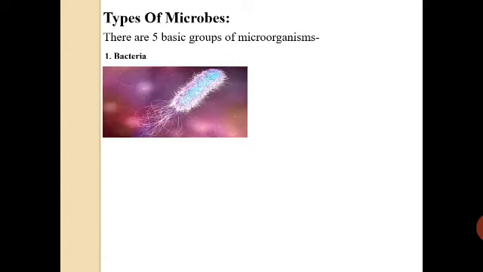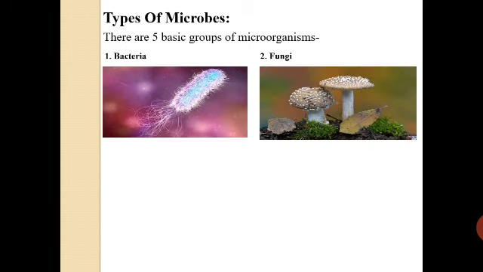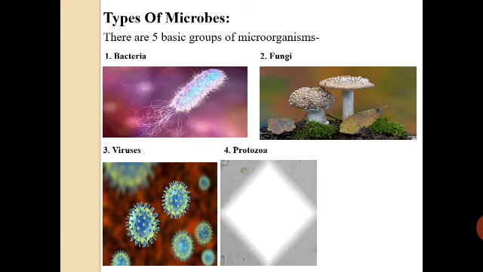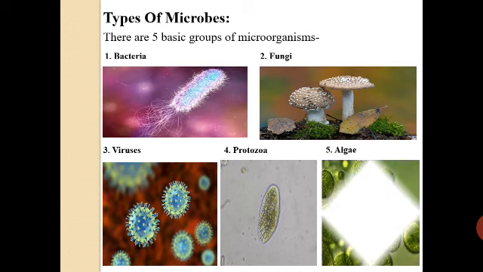We'll discuss about it. Then we have fungus or fungi. Third category we have virus, which is a major problem nowadays, that is corona. We'll discuss about this also. Protozoa, and the last one is algae.